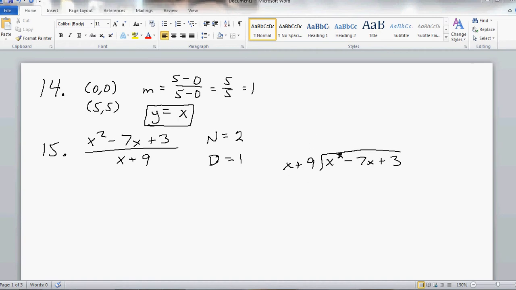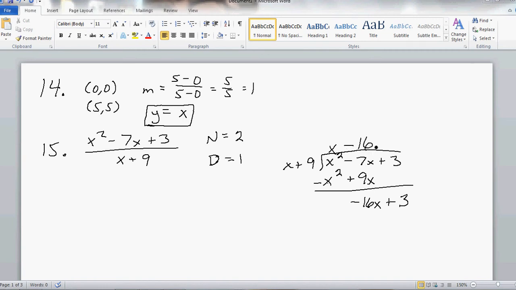Well, x goes into x squared x times. So we take x times x plus 9, that's x squared plus 9x. We do a subtraction. x squared minus x squared cancel each other out. Negative 7x minus 9x is negative 16x, and bring down the next thing. What do we have to multiply by x to get negative 16x? That's negative 16.